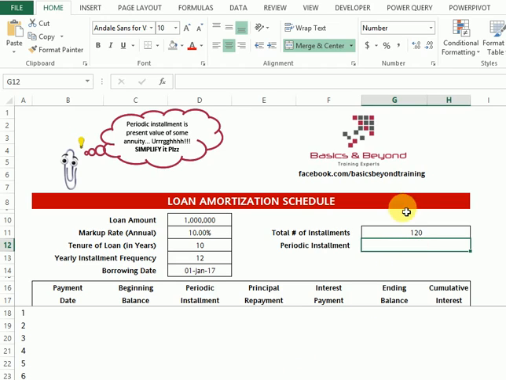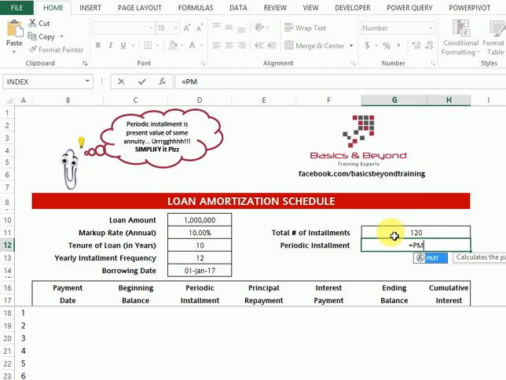For the installment amount, we will be using the payment function, is equals to PMT, bracket open. The payment function requires three mandatory arguments. The first one is the markup rate. In our case, it's 10%. Now, the markup rate of 10% is the annual rate.